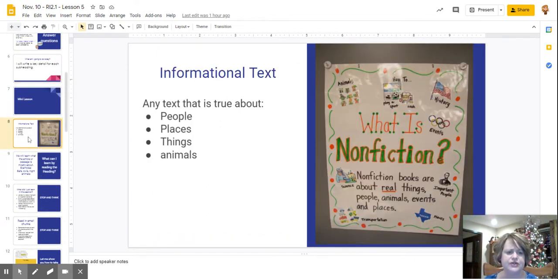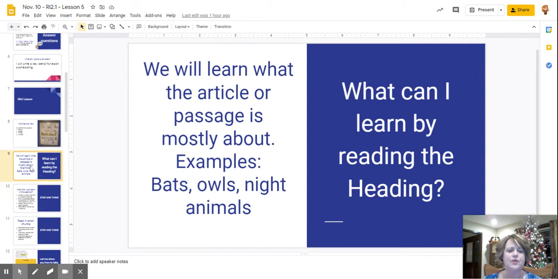I wanted to include this chart about what is nonfiction. So remember, of course, nonfiction is when we're talking about real people, places, things, or animals. What can I learn by reading the heading? So we can learn what the article or the passage is mostly about. For example, you could have a heading that just says bats across the top.